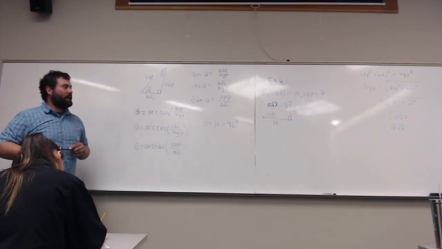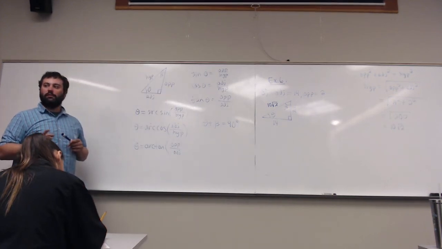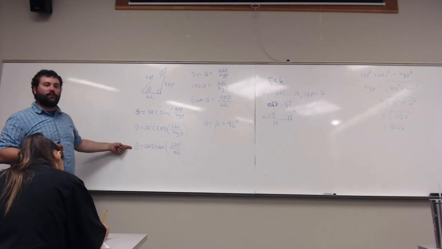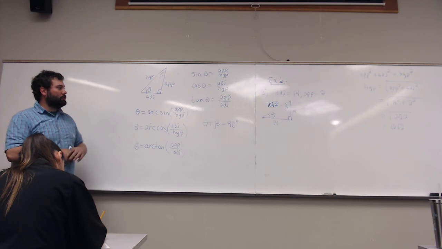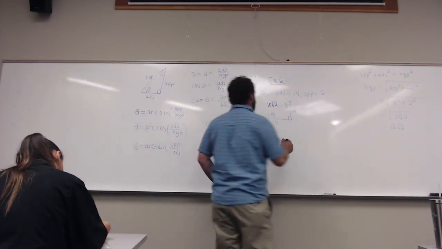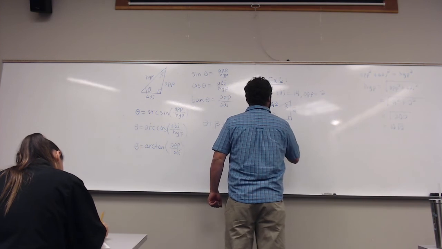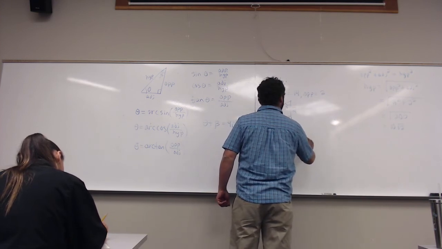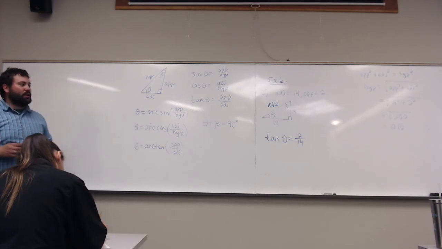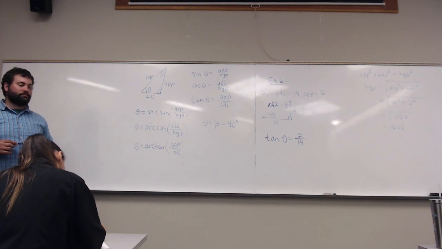And then how about finding the angles? Now we can use any one of these three formulas here. Tangent's easy. So yeah, we'll just go ahead and do tangent. I like to actually write this first. I just apply tangent to the angle theta, and that's going to equal the ratio of the opposite side to the adjacent side.